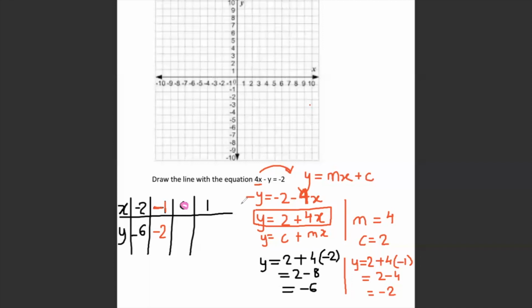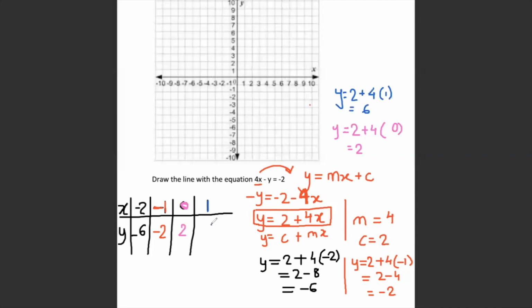So we put the 0 in our equation here. So y equals 2 plus 4 times 0. X is 0. So that's 2, just a 2. And then the last one, x equals 1. So y will be 2 plus 4 times 1. So 2 plus 4, which is just a 6.